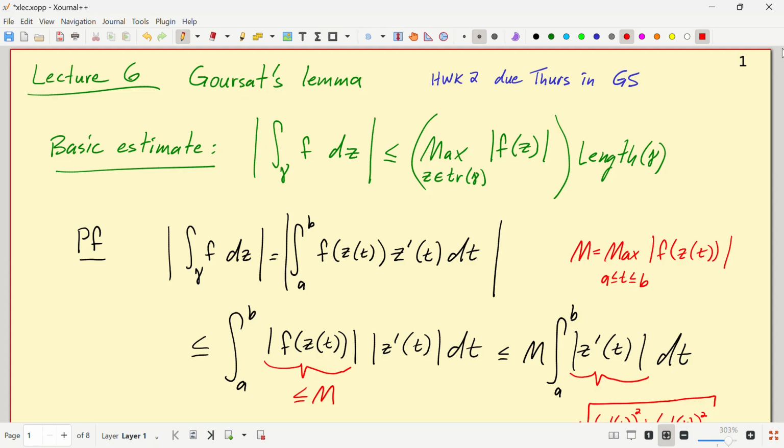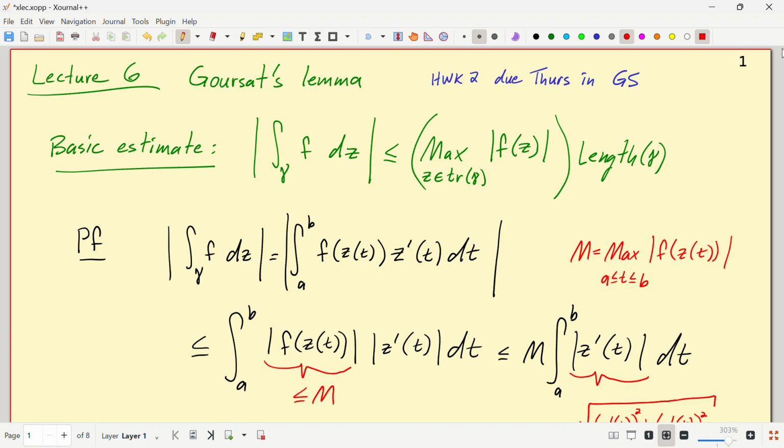And f is assumed to be continuous along the curve, so that integral is going to make sense. If f is continuous, then f of z of t would be continuous, and the modulus would be continuous, and that would have a maximum, call it m, along the curve as t ranges from a to b.